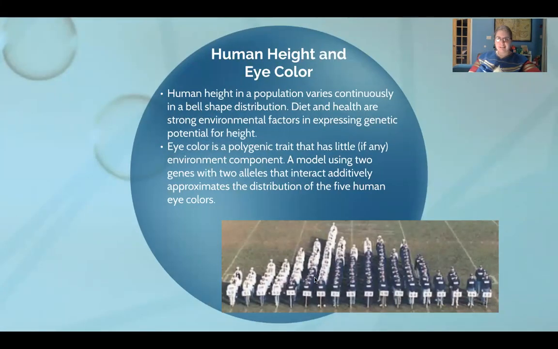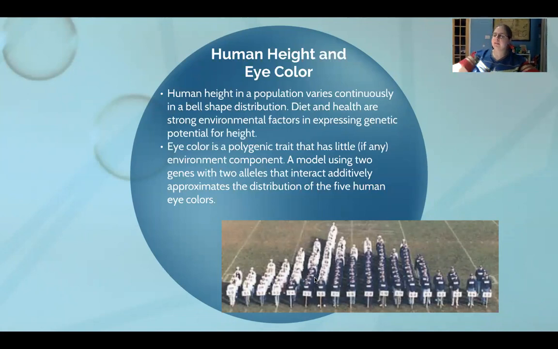Human height and eye color. The human height in a population varies continuously in the bell-shaped distribution. So what that means is human height actually is a multifactorial trait. There are different genes that affect it as well as environmental factors. Diet and health are strong environmental factors in expressing genetic potential for height.